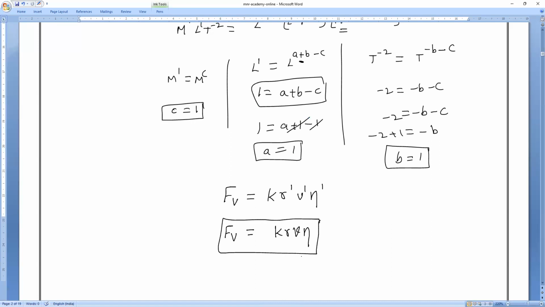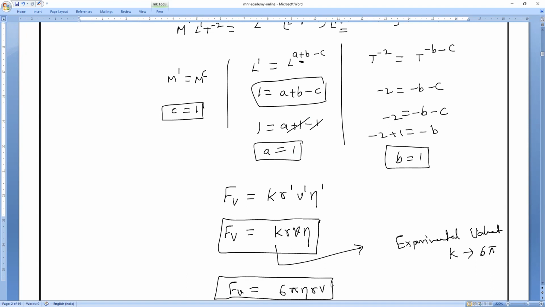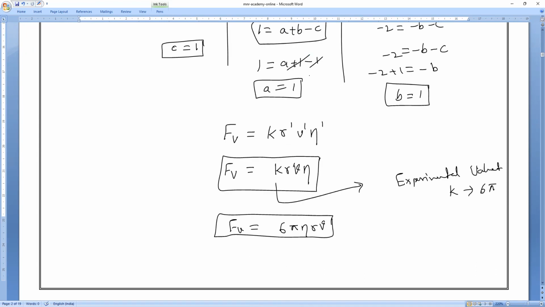Now the K value: experimentally, the value of K is 6 pi. So viscous force is equal to 6 pi eta R V. Please learn. This is how the derivation of the formula comes. Anybody having any doubt, you can ask me. This is called Stokes theorem. Clear, everyone?